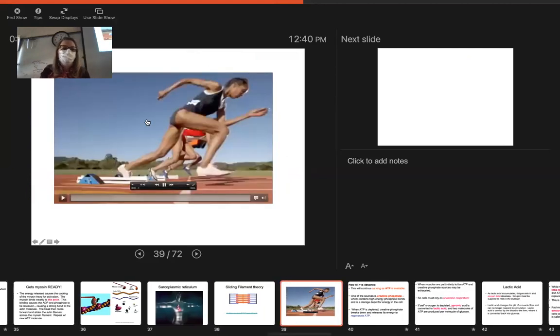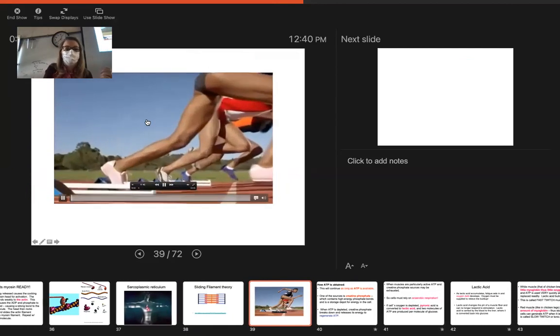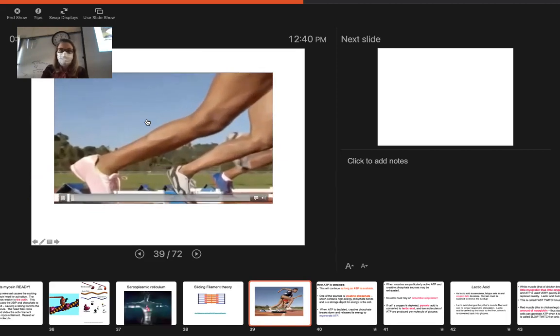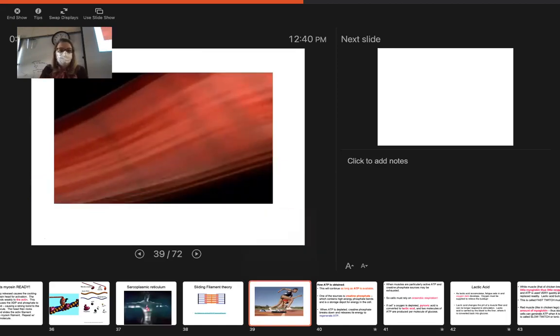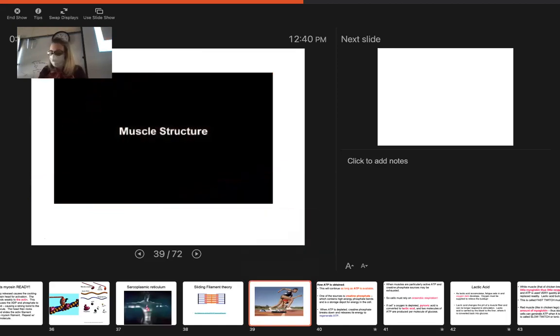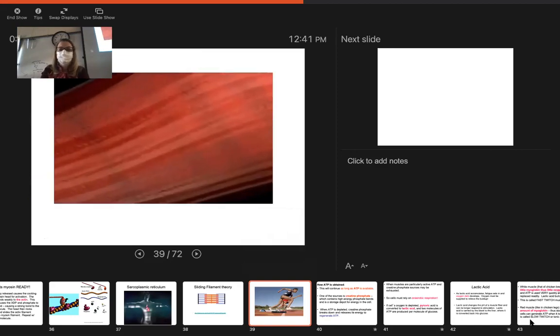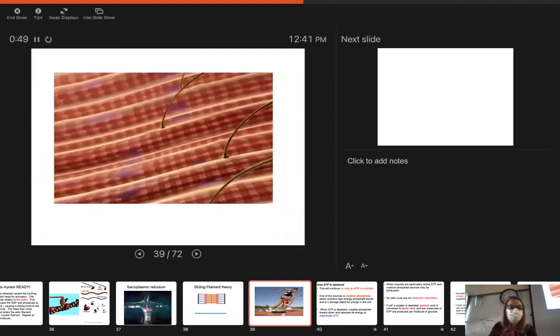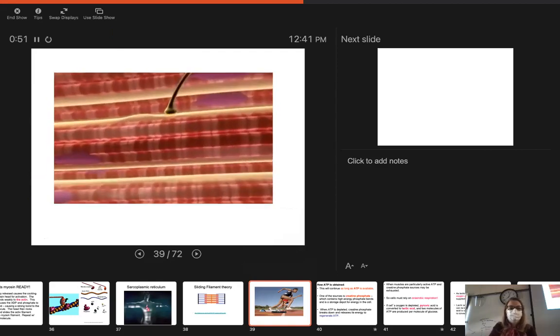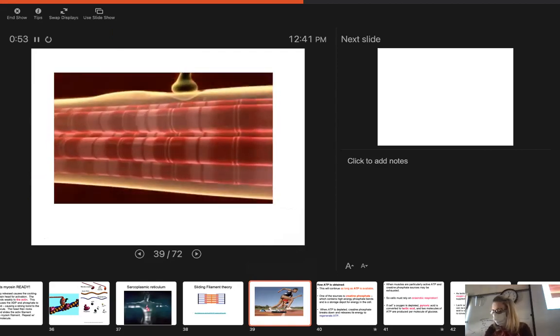So let's go here. This is kind of a review of everything we've done. By shortening or contracting our muscles, let's take a closer look. A muscle consists of parallel muscle fibers. Each fiber is a single cell in close contact with a motor neuron.